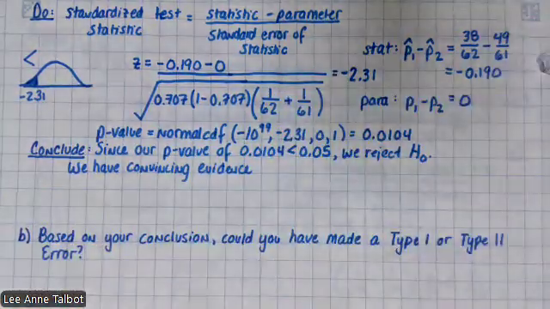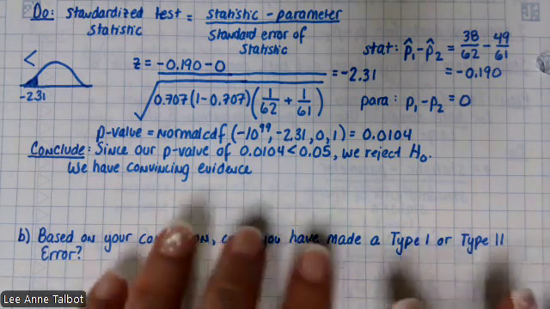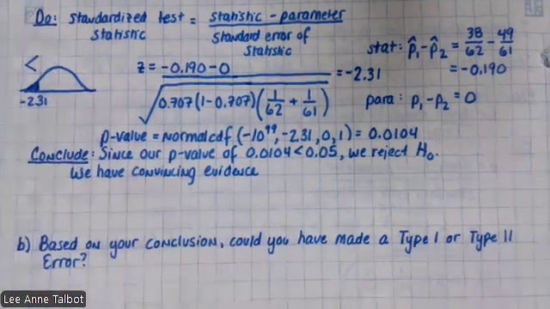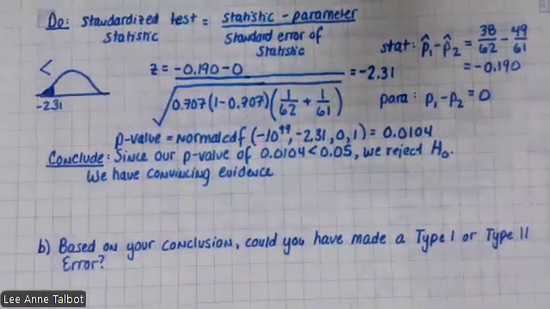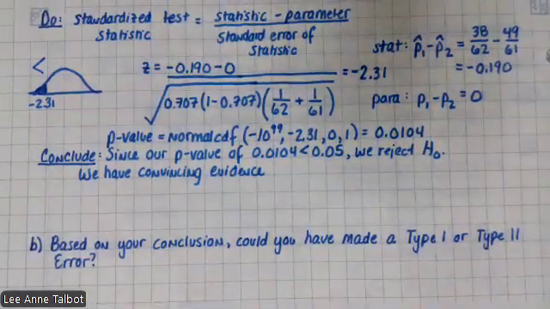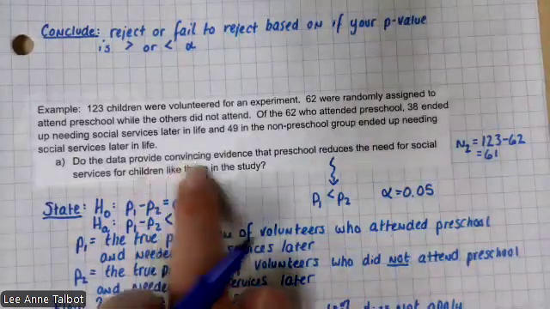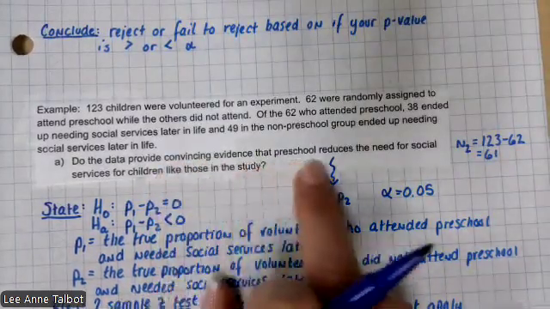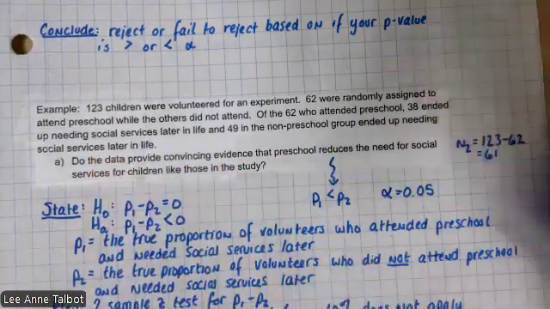That means we have convincing evidence of the Ha. So I'm going to say we have convincing evidence, and then I'm going to look back at the question. Going to take the words convincing evidence, and then I'm going to copy off of the problem. So that preschool reduces the need for social services.